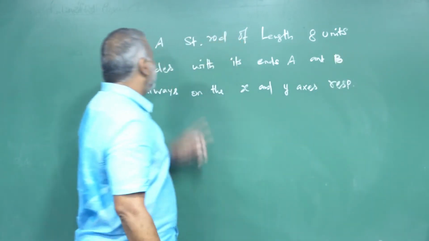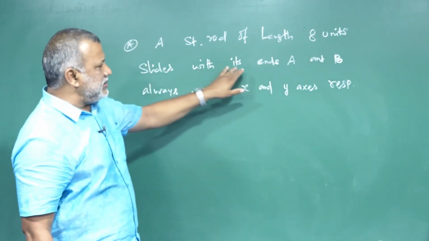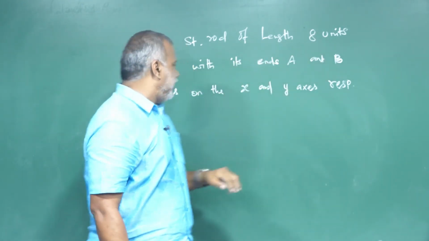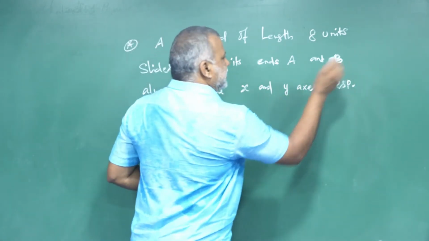Listen to the question. A straight rod of length 8 units slides with its ends A and B always on the x and y axis respectively.